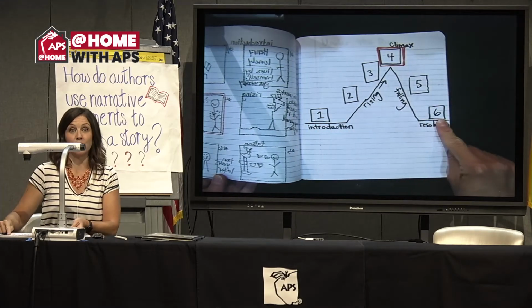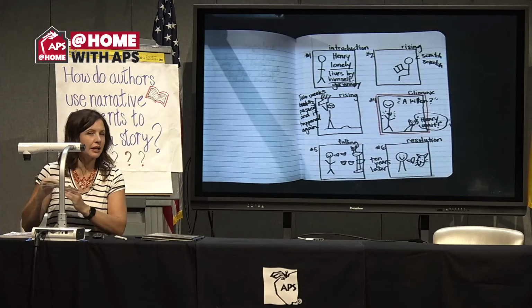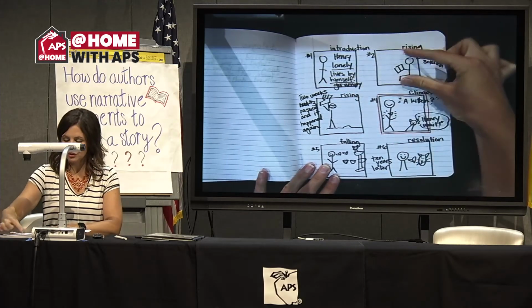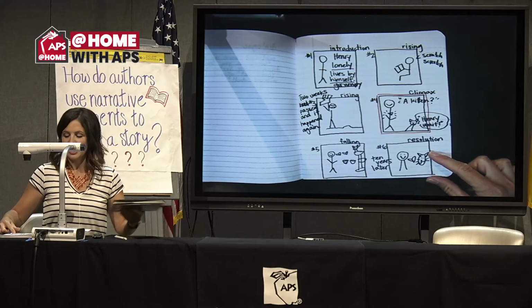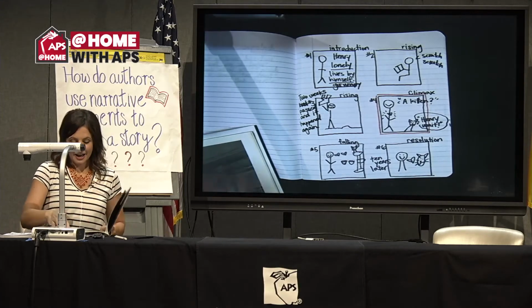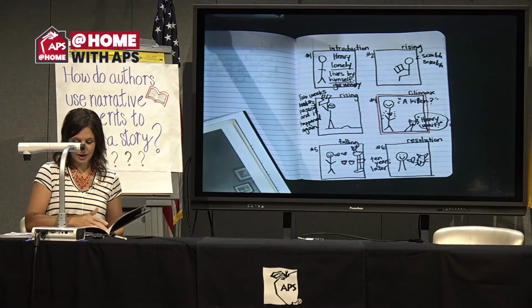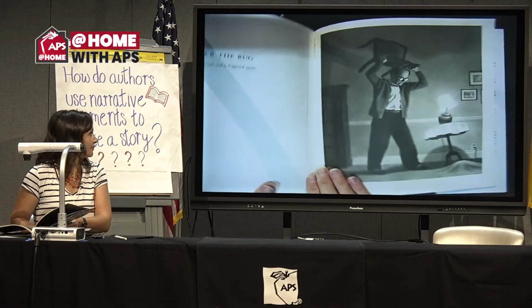This is in mountain form. This one is a little bit more linear. 1, 2, 3, 4, 5, 6. Just to remind you, I took the page from the story under the rug.